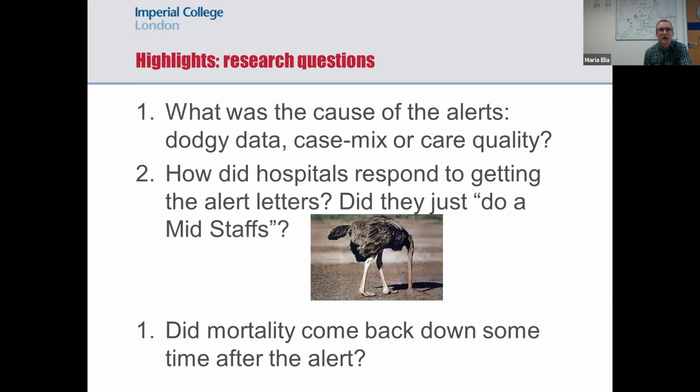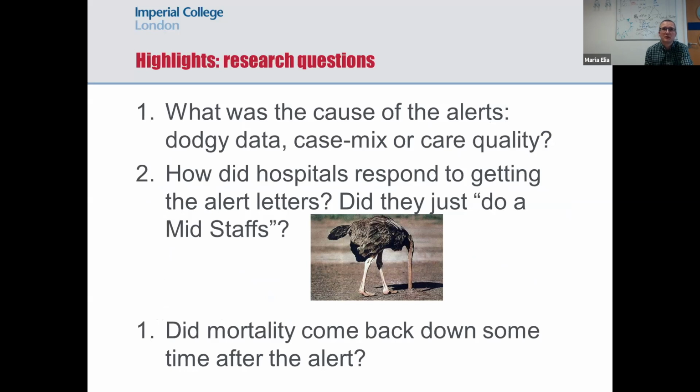And put it another way, what was the cause of the alert? Was it poor data quality, which is always a potential? Was it case mix, by which I mean, were the patients at these hospitals sicker than on average? Or was it due to quality of care that caused, or at least partly can cause some of these deaths?